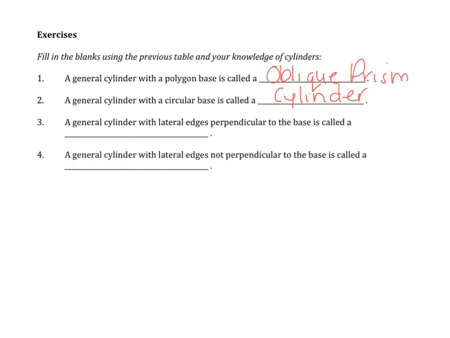A general cylinder with lateral edges perpendicular to the base is called a right general cylinder, to be more specific. And a general cylinder with lateral edges not perpendicular to the base is called an oblique cylinder or an oblique prism. Either one will work, or either one fits this criteria.